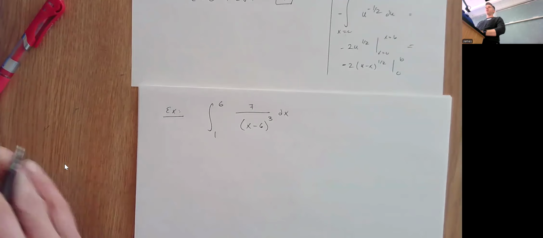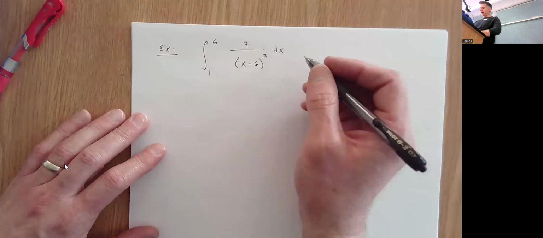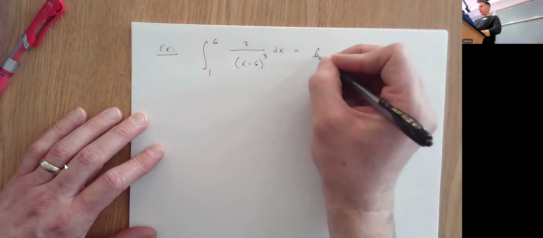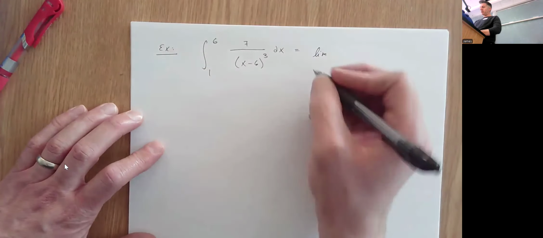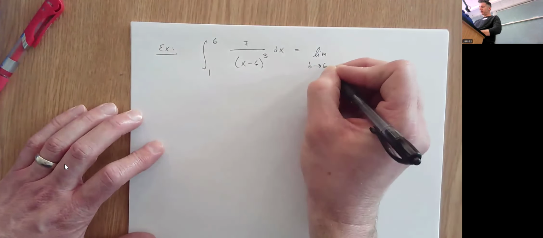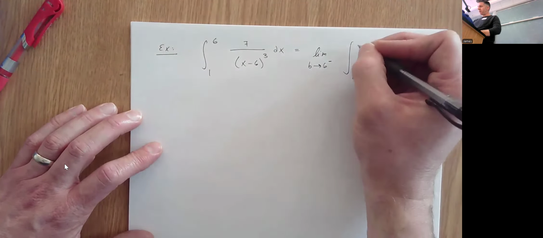Clearly 6 is the problem, so we're going to rewrite this as the limit as b approaches 6 from the left-hand side of the integral from 1 to b. I should have made it the lower limit. Oh well, I'll make the next one the lower limit.